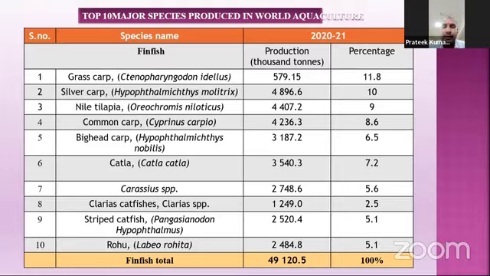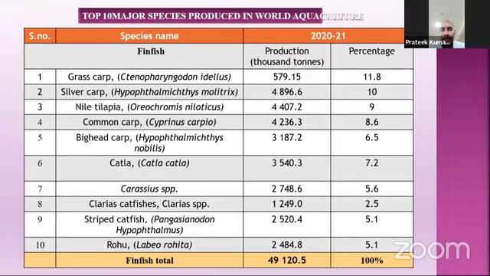Now the major species produced in world aquaculture: grass carp, silver carp, Nile tilapia, common carp, bighead carp, catla, crucian species, and rohu, catfishes, and some others. These make up the finfish totals, 49,120.5 thousand tons, and percentage of total.